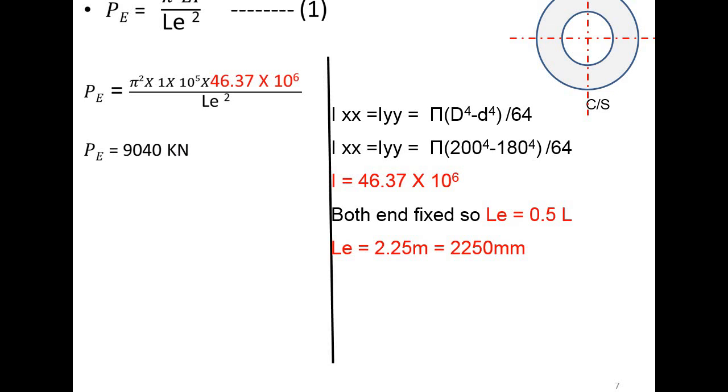Now we'll go to find out the Rankine load. The formula for the Rankine load is PR equal to sigma C into A divided by 1 plus alpha into bracket LE, effective length, divided by K, bracket square. Sigma C is the crushing stress or proportional limit, alpha is the Rankine constant, and K is the radius of gyration.